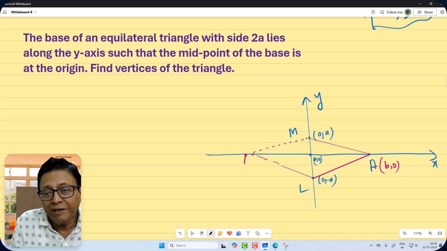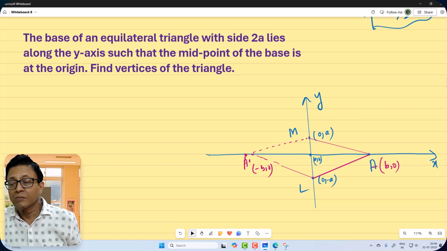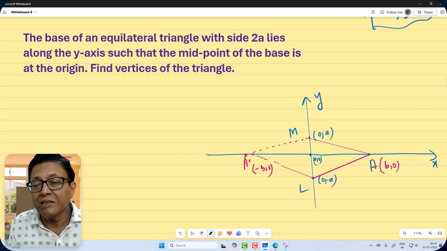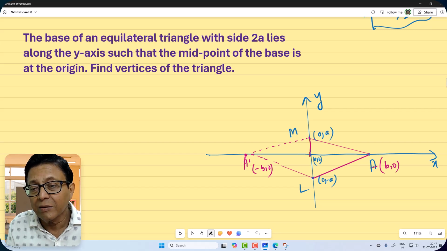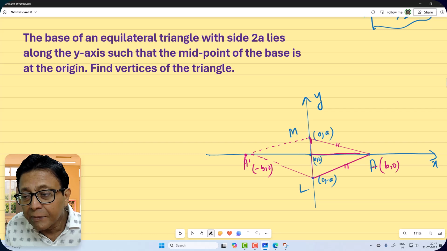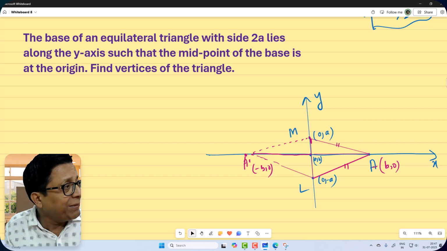It may be here also. A dash may be (minus b, 0). But it is confirmed that in both the cases it will be equilateral. Length of side will remain 2a only. So this is 2a, this is 2a. You need to find this length b. Then minus b automatically will come. They are of the same length.